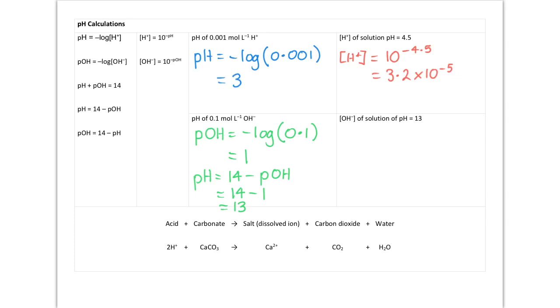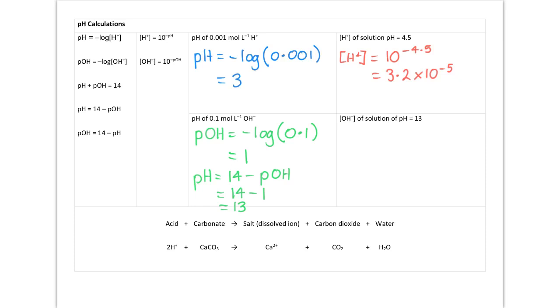Finally, let's look at a case where we want to find the hydroxide ion concentration from the pH. So again, we've got to do this first step where we work out the relationship between the pH and the pOH, because the hydroxide ion concentration is equal to 10 to the minus pOH.